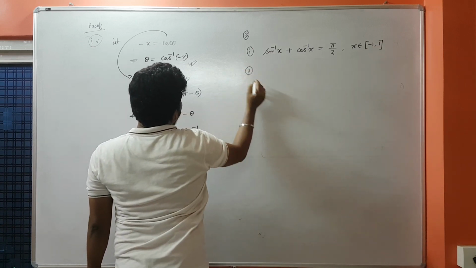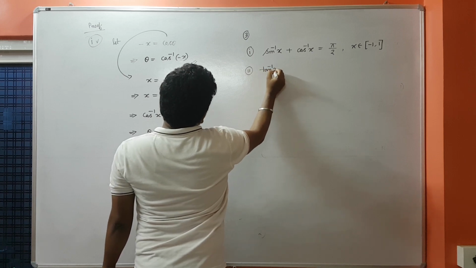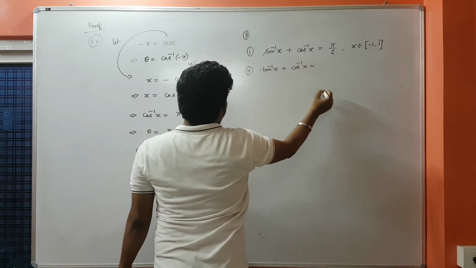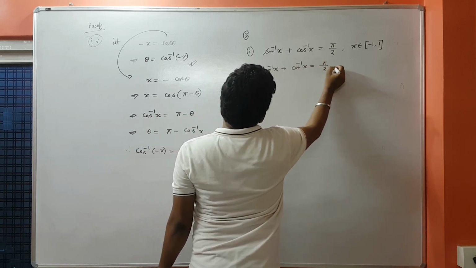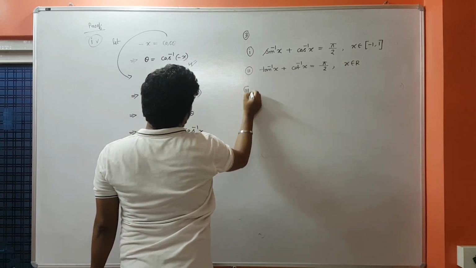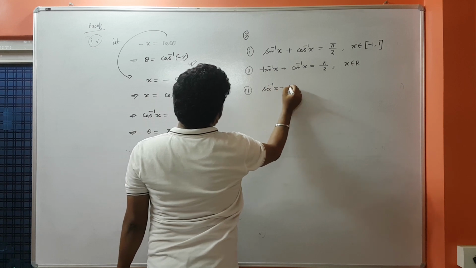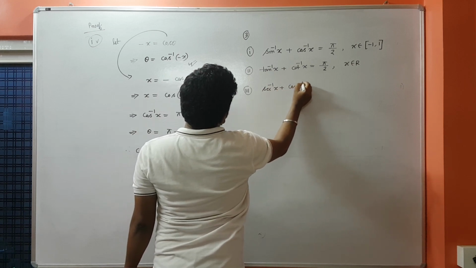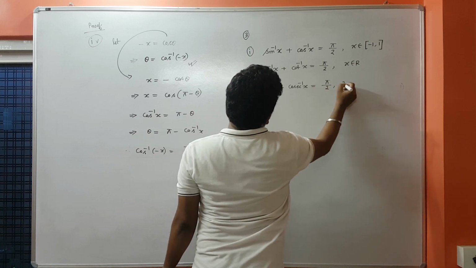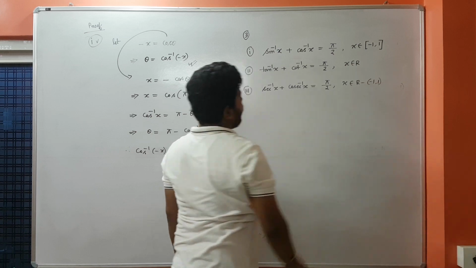Number 2: tan inverse of x plus cot inverse of x is equal to pi by 2, where x belongs to all real numbers. And number 3: sec inverse of x plus cosec inverse of x is equal to pi by 2, where x belongs to R minus (minus 1 to plus 1).